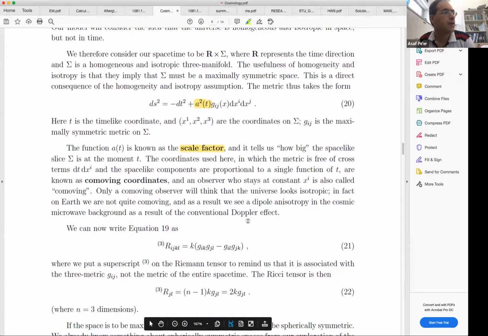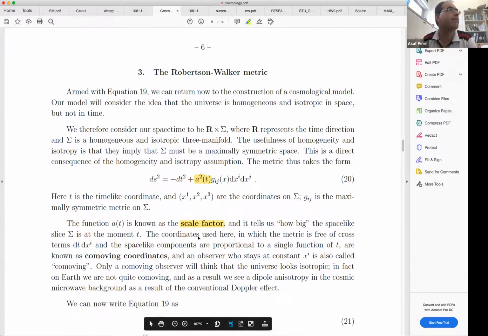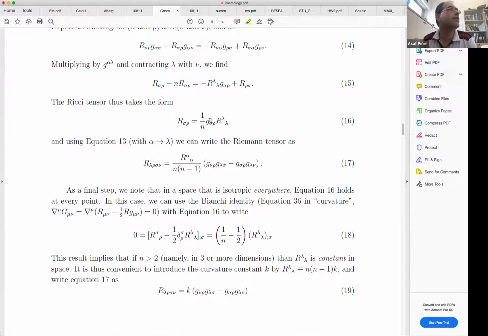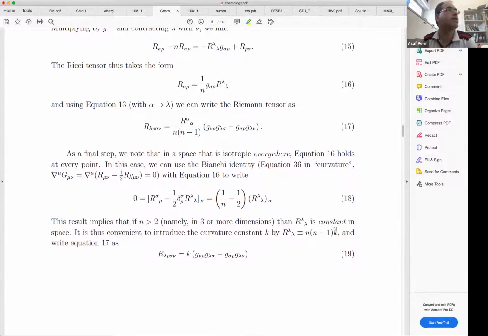Okay, and the Ricci tensor, right? Now we're talking about 3 dimensions. So we derived it above, where R lambda lambda we wrote as n times n minus 1 times k.